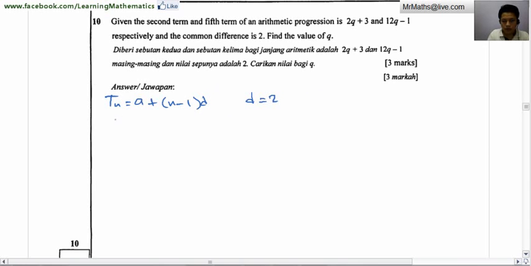Okay, then the second term, T2, is a plus d, right? Or plus 2 then, because d is 2. a is not given there. Okay, and what's next? Then T5 is a plus n minus 1, n minus 1 is 4 times 2.